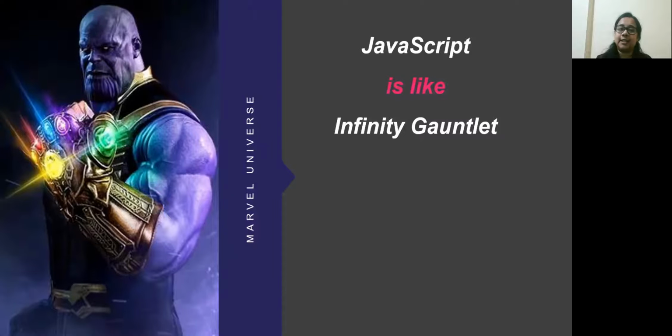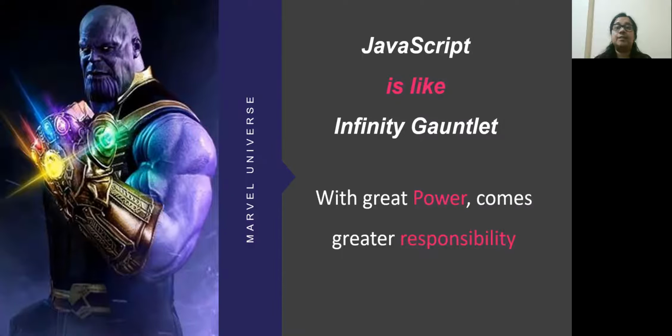Now, as we say, with great power comes greater responsibility. If you remember, this guy used this infinity gauntlet in not a good way. He used it to make half of the world population disappear. So when we misuse our power, very bad things can happen, right?